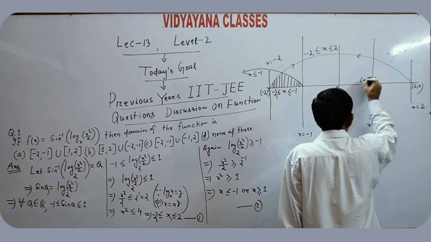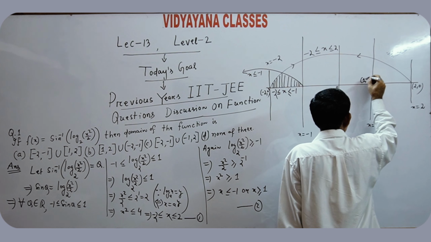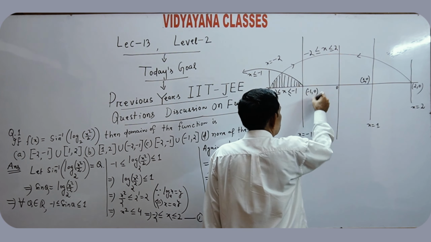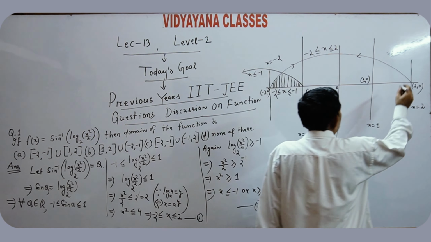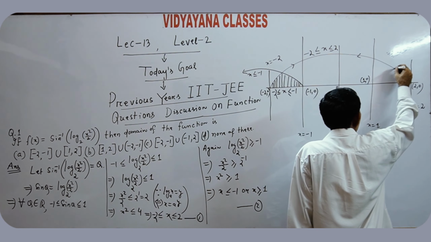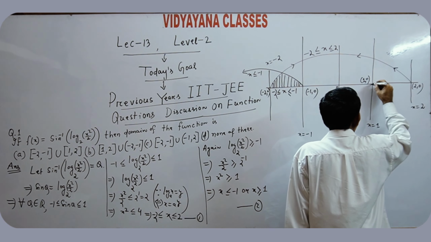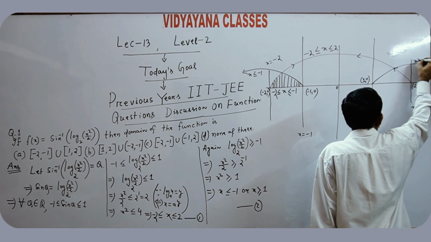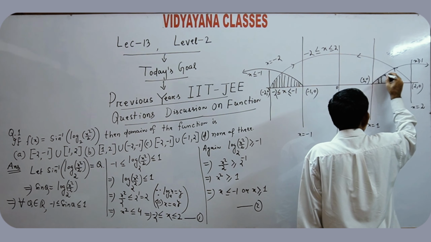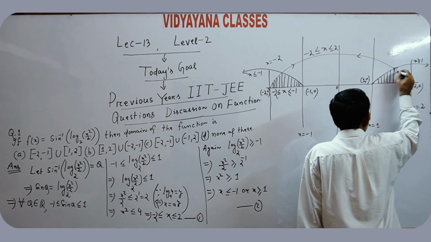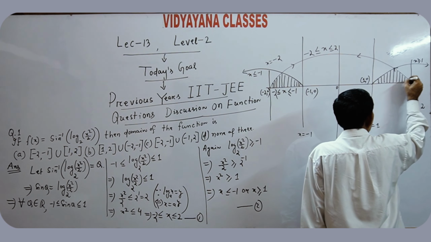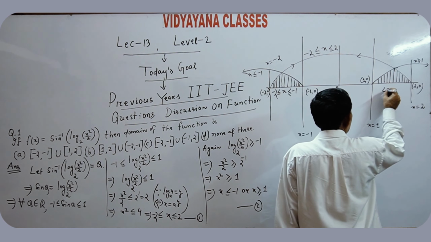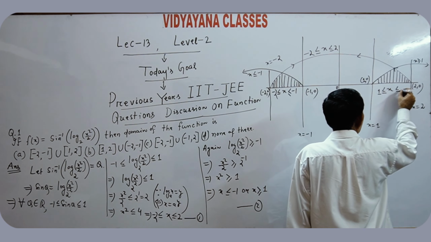This point is minus 1, this point is 1, 0. x less than or equal to 2 and x greater than or equal to 1 is the common region, that is x greater than or equal to 1 and less than or equal to 2.